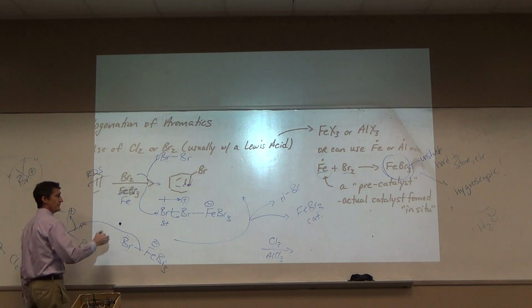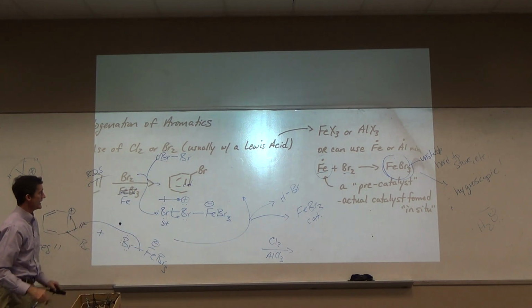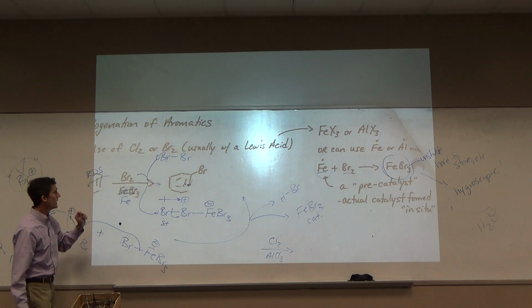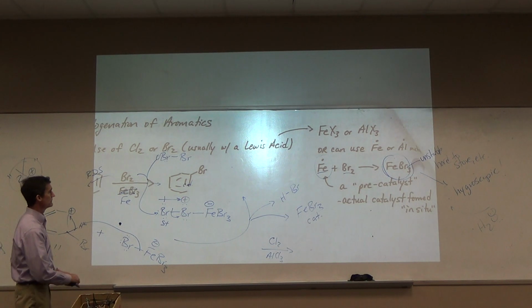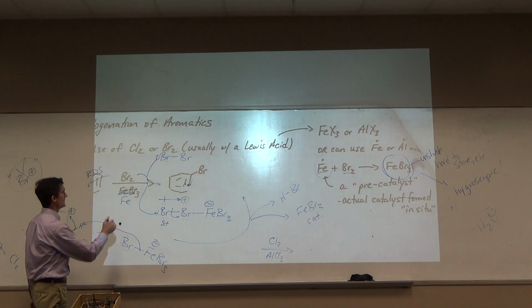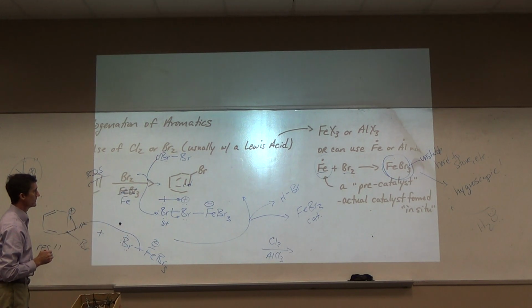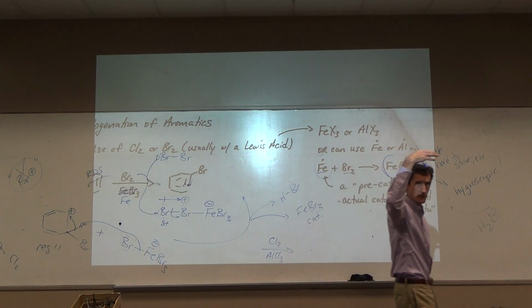But before anything happens, these are going to react to make FeBr3, and then all this can happen. You will consume some of your bromine. What H? The H on the aromatic ring. No, you've got to have bromine. One bromine is attaching to the ring and one bromine is attaching to the metal. No, it's all there. It's the same. Next time. We're out of time, guys.